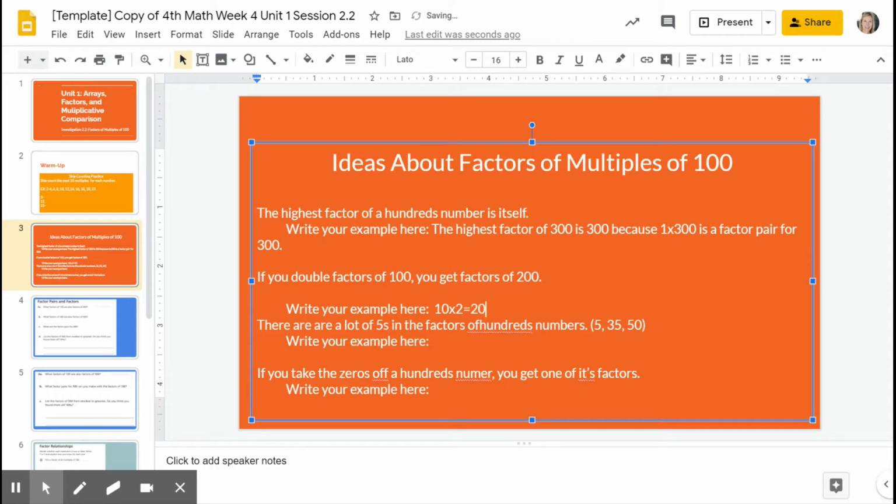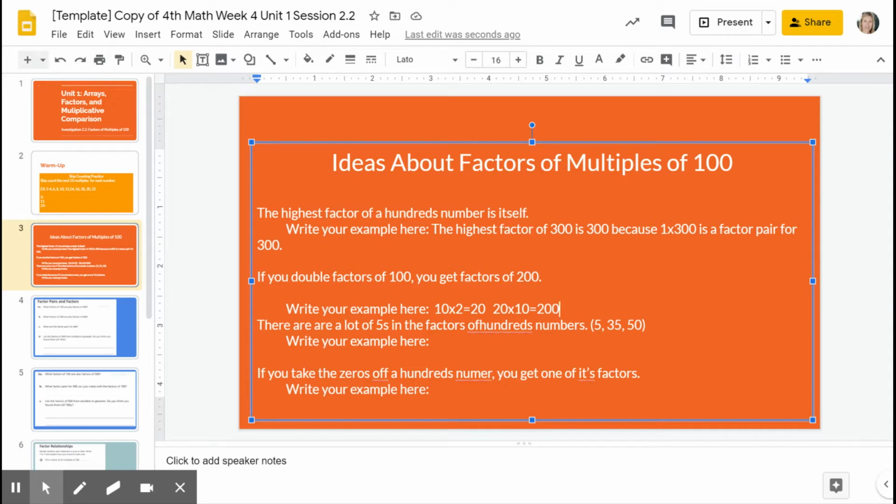Is 20 a factor of 200? In other words, can I multiply 20 times another number to get 200? Yeah, I can multiply 20 times 10, and that equals 200.